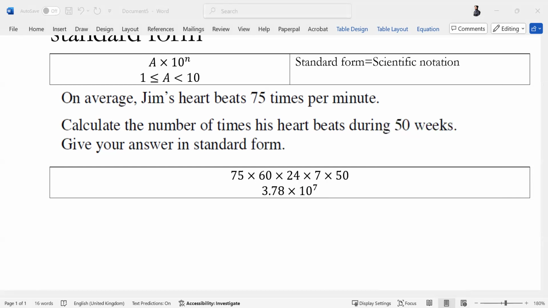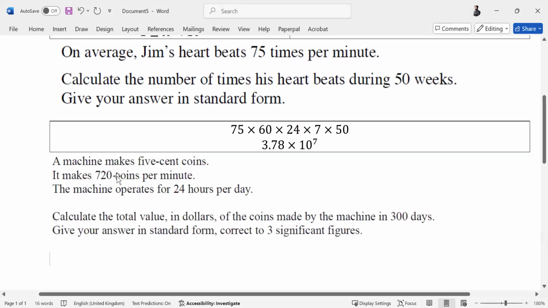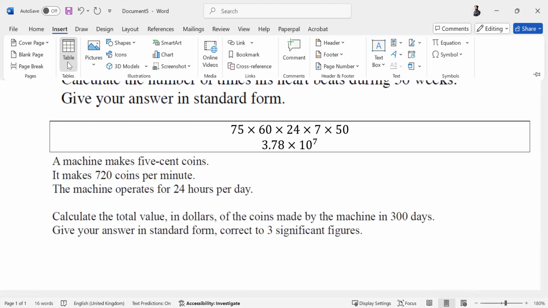Okay, let's find another question, which we have to calculate. A machine makes 5-cent coins. It makes 720 coins per minute. The machine operates 24 hours a day.